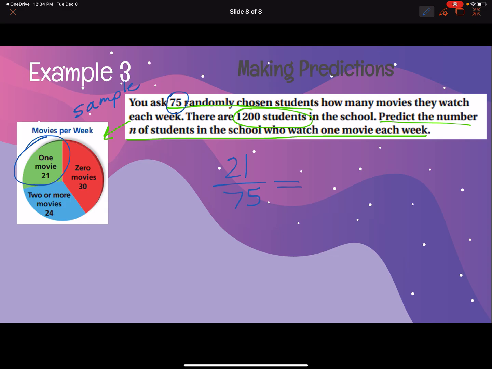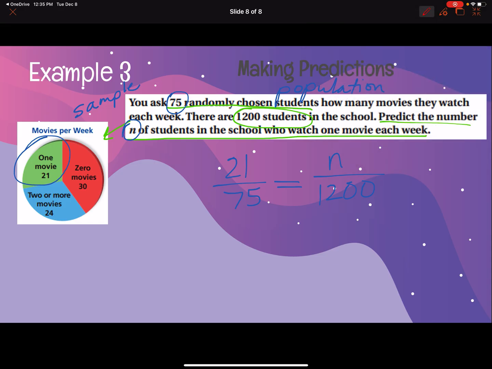And now we're going to predict the number of students in the school. So this is our population that we're working with now. So we have 1,200 students, and we're wanting to predict the number out of the entire population or school. So we're going to replace that with N, the variable.